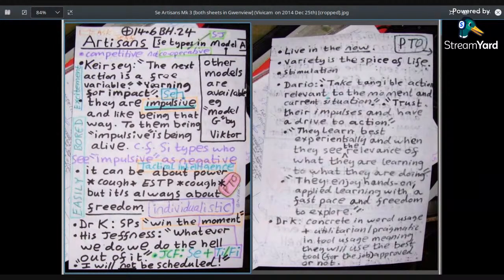Particularly important to do SE when I've got three more artisan types to do, and ESFJ and ESTJ that have slot 3 SE. Right. I'll get back to that in a moment. So I'll close that.